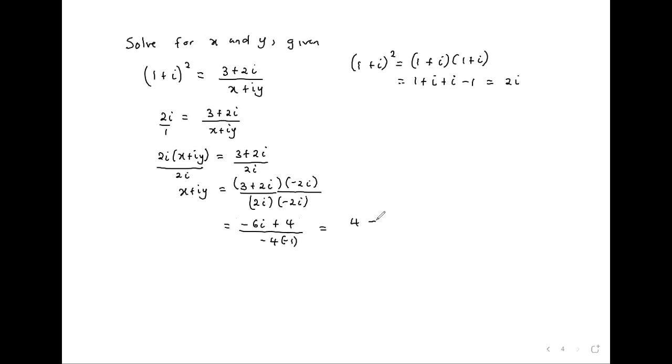So we have (4 minus 6i) over positive 4, which is 4 over 4 minus 6 over 4 i. That is 1 minus 3 over 2 i. So x is 1, y is negative 3 over 2.